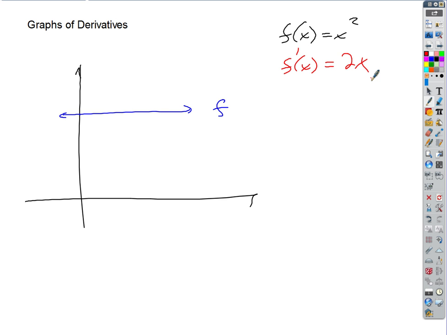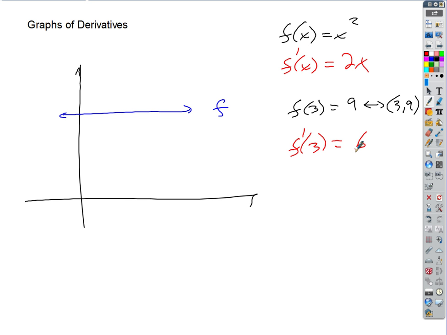Right? Remember that? So let's take something different. Let's take 3. So f of 3 equals 9, correct? So that's telling us that the point (3, 9) is a point on the graph. Everybody agree? Okay. f prime of 3 is what? 6.